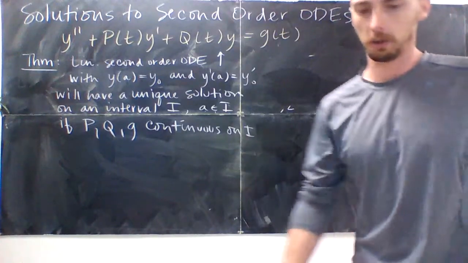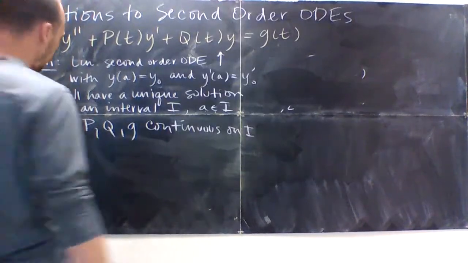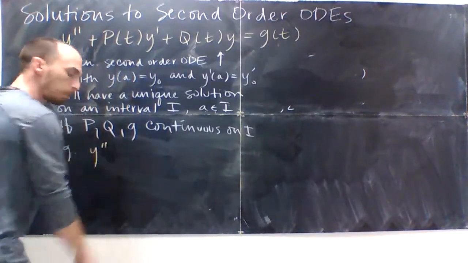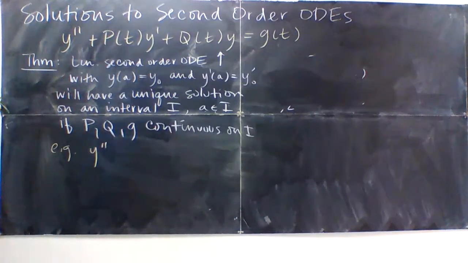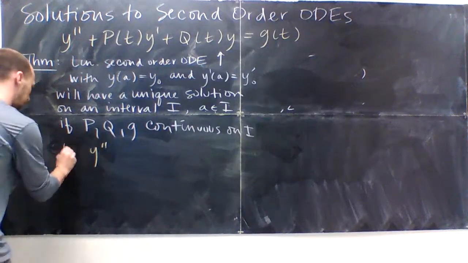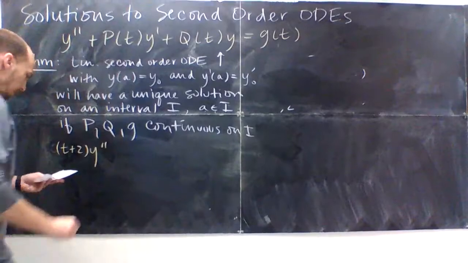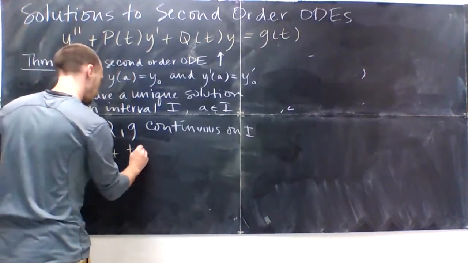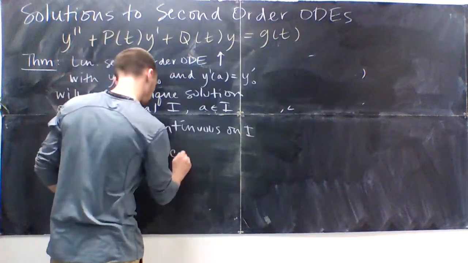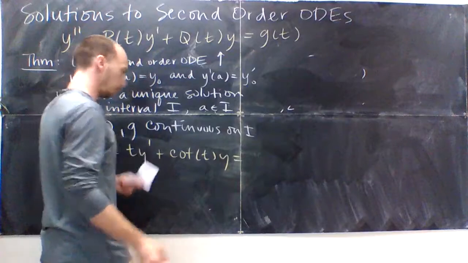Okay, but let me just show you a situation. Let's see, what example did I set? So y double prime multiplied by t plus 2, plus t y prime, plus cotangent of t y is equal to t squared plus 1.